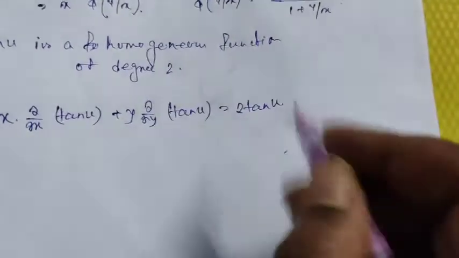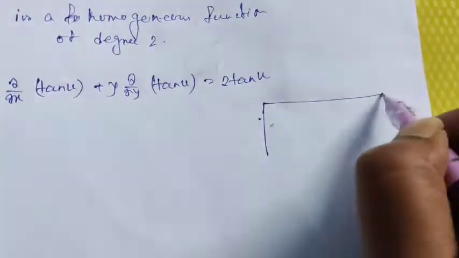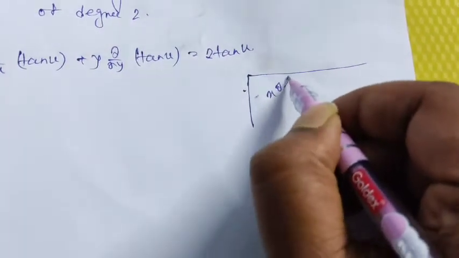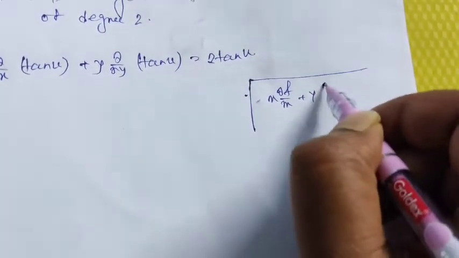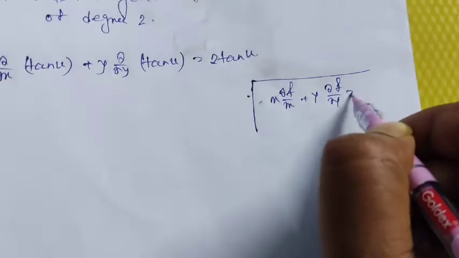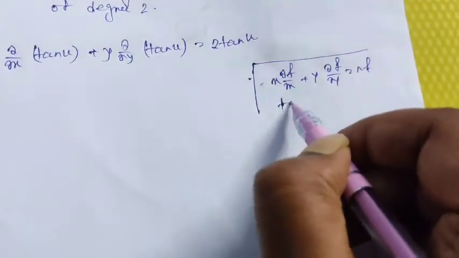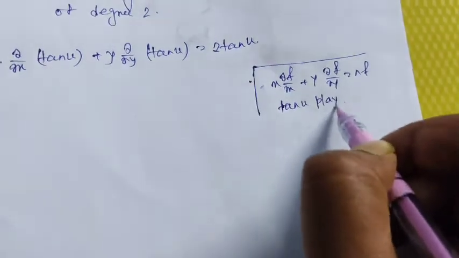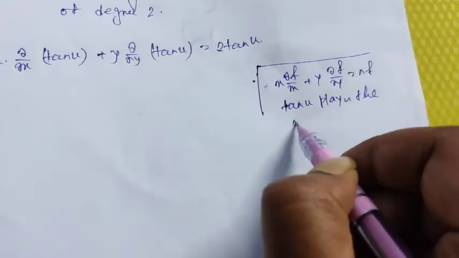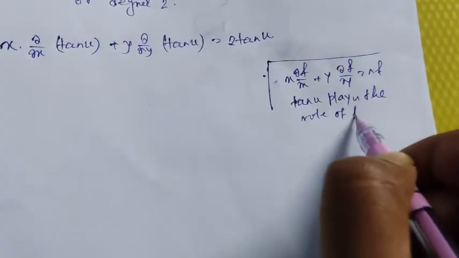If you consider the statement of Euler's theorem, x del f del x plus y del f del y is equal to nf, here tan u plays the role of f.